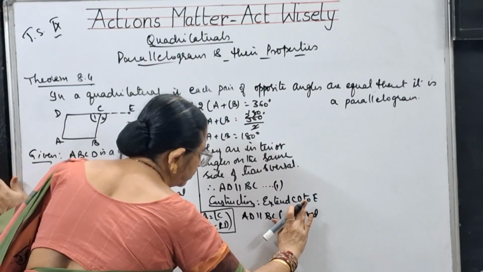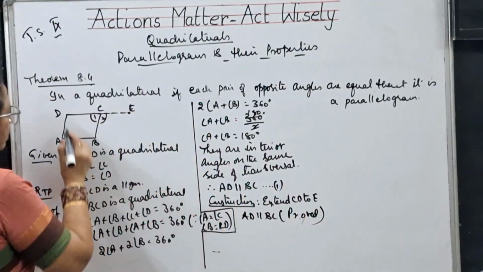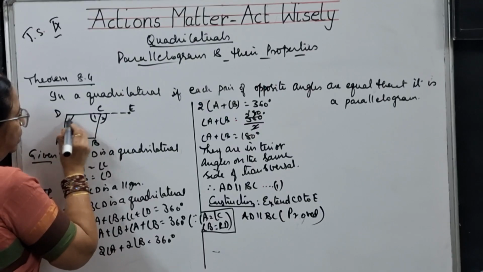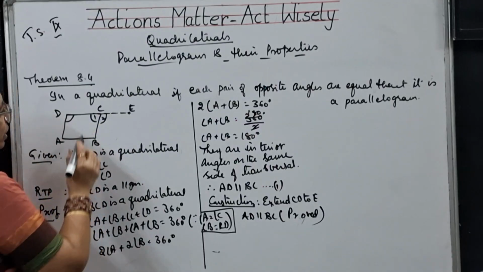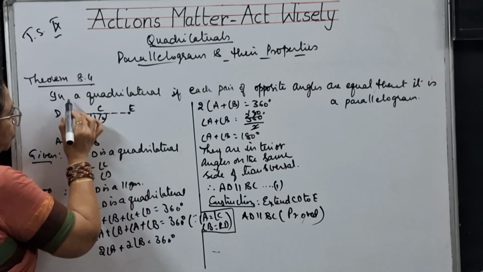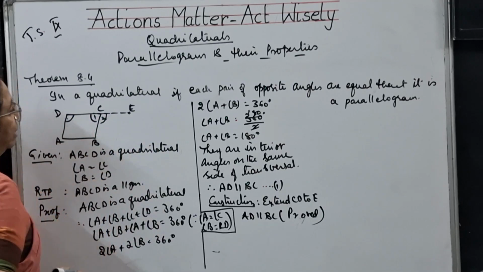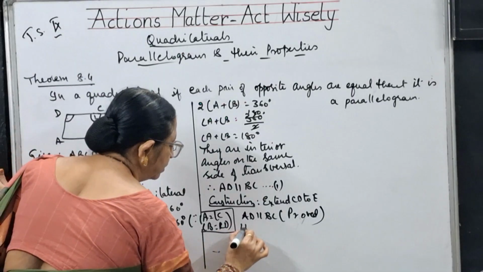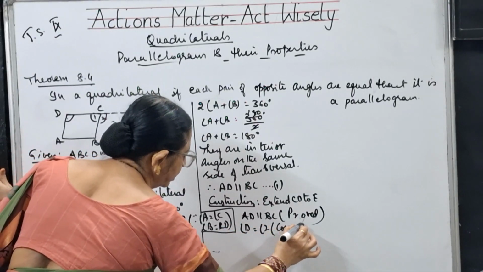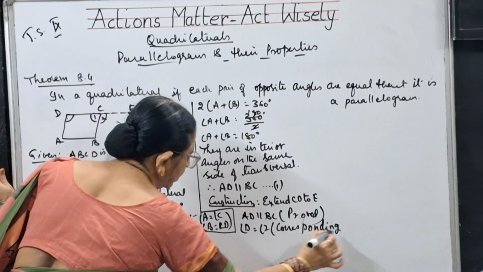When AD is parallel to BC, angle D will be equal to angle 2. They are corresponding angles. Angle D and angle 2, see, these two are parallel lines. This is a transversal. Then these two are equal. Angle D is equal to angle 2. They are corresponding angles.